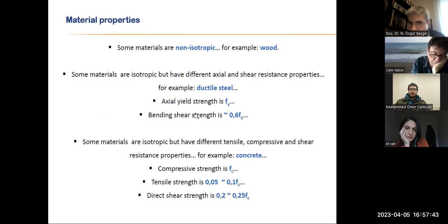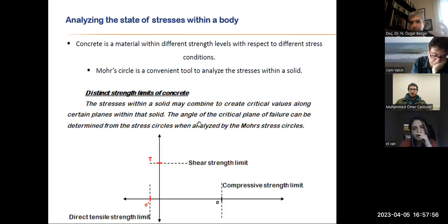Some materials are non-isotropic, some are not. They have different strength levels for the axial forces under tension, under compression, under yield, bending. So we need to know these limits. For example, when we deal with concrete, it has a different strength level at the compression end, a different strength level at the tension end, and a different strength level at the shear. So whatever I do, whatever is generated there, it must be within this. So then, of course, comes the Mohr circles.